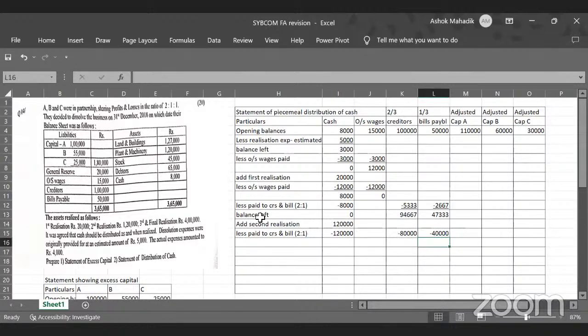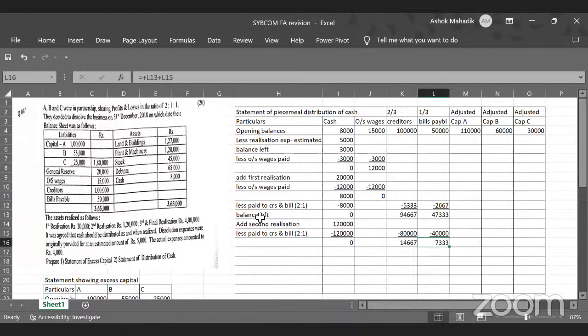Clear, students? So my cash will become 0. Now the liabilities left: for creditors, 14,667 left, and for bills payable, 7,333 left. Okay, students, I hope you have understood till here.